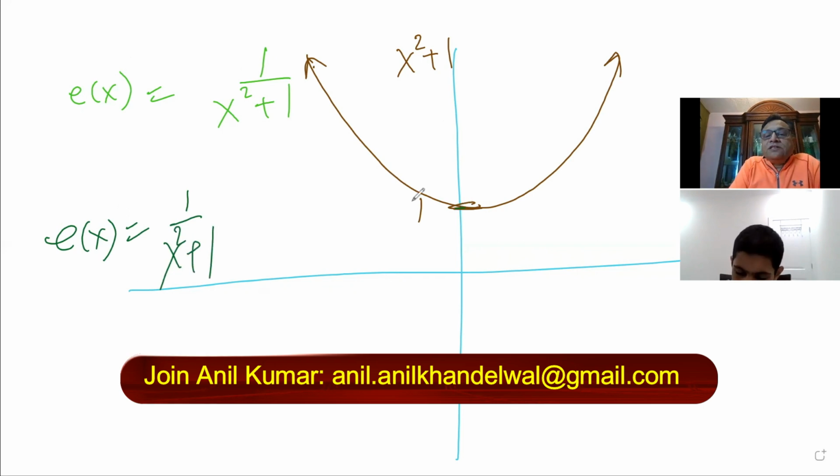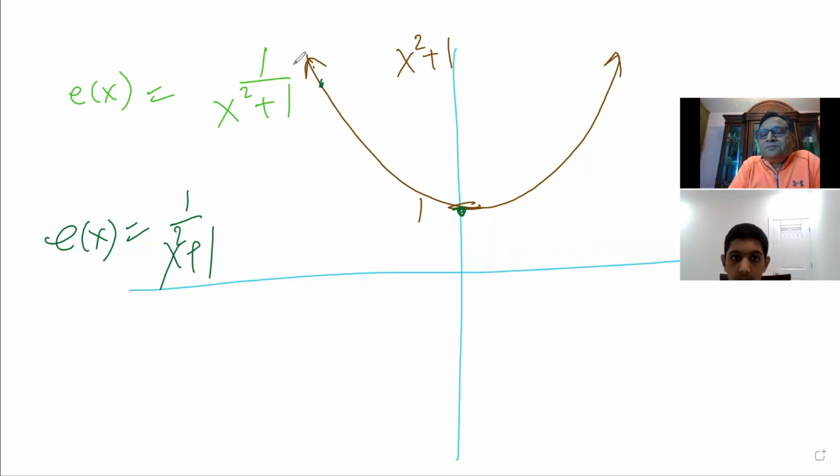What is the reciprocal of 1? 1. So that point will be common. And the reciprocal of a very high number is very close to 0. The graph will be something like this.